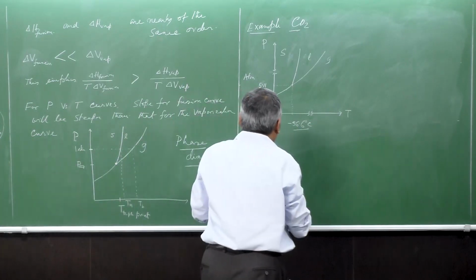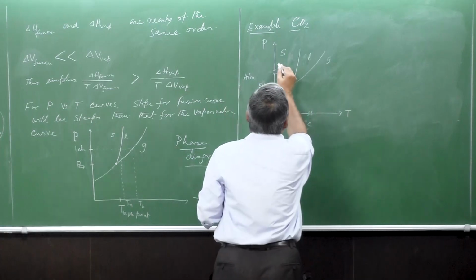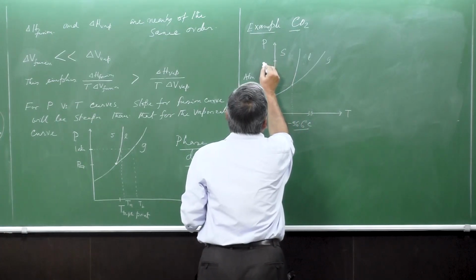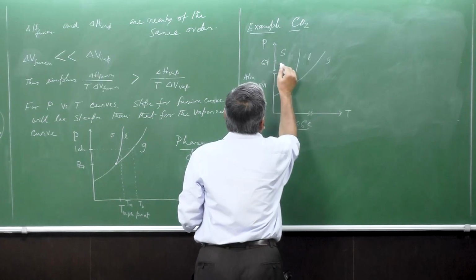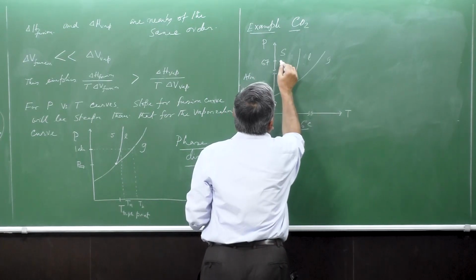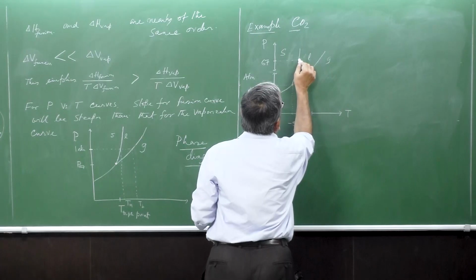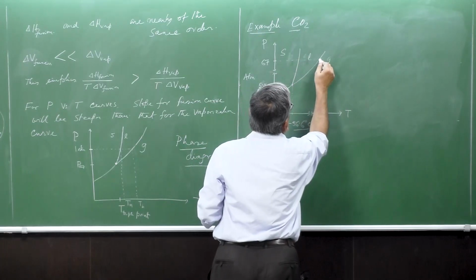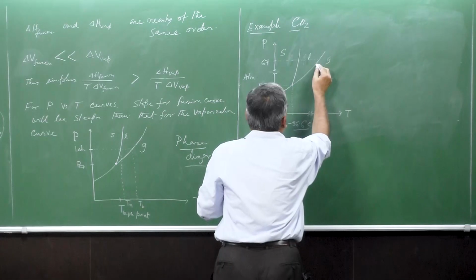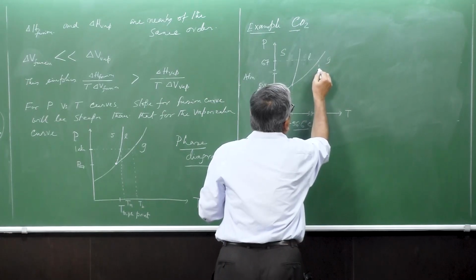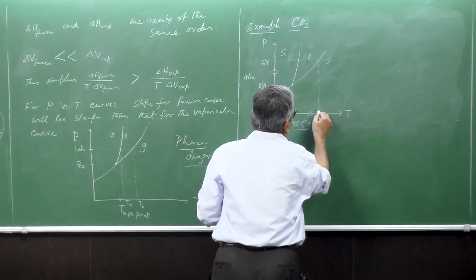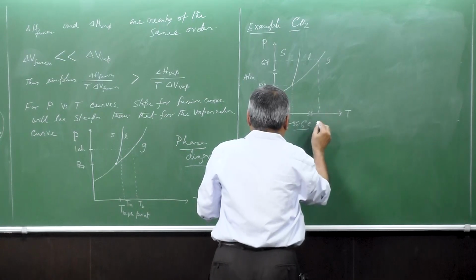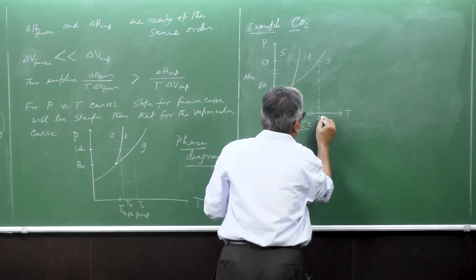Now another point is that if you keep the pressure very high, say 67 atmosphere, then I can store my carbon dioxide in a cylinder at a temperature of 25 degrees centigrade.